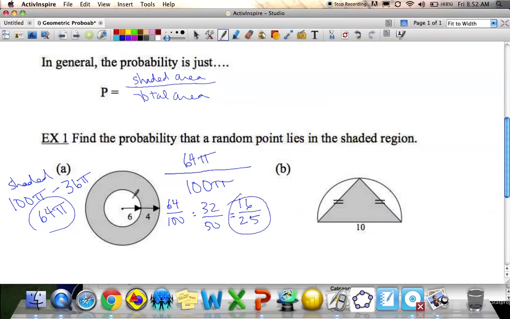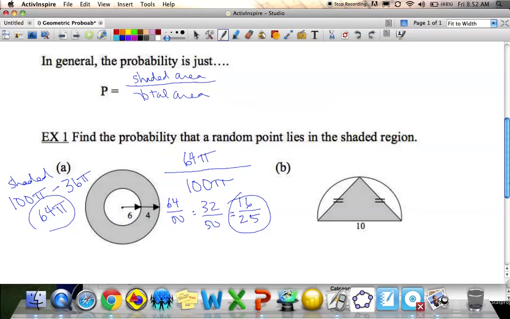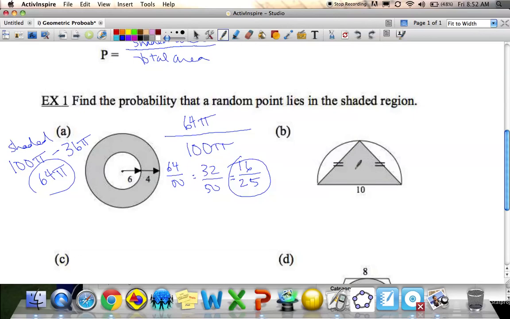Okay? Part B, find the probability of landing in the shaded area. Well, we need to find the shaded area, and let's see. This is supposed to be a semicircle. So can we find the total area of the semicircle of radius, not 10, radius 5.